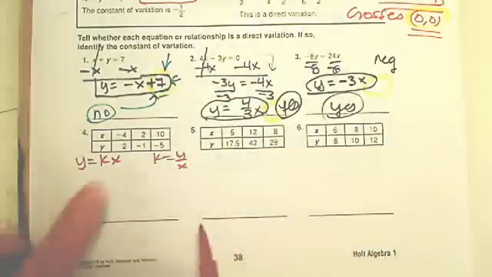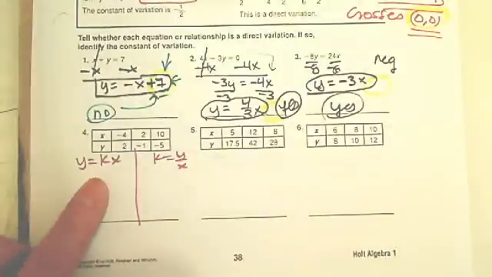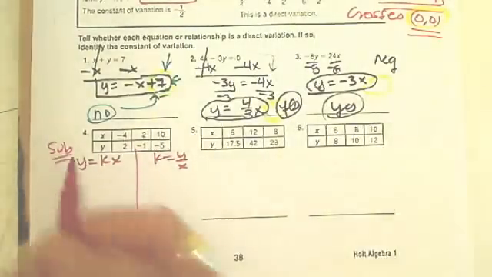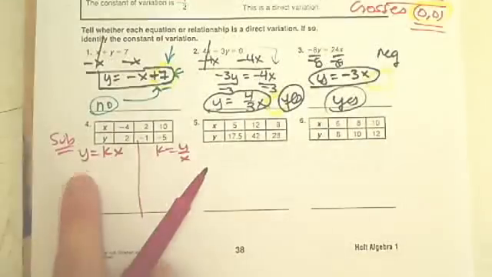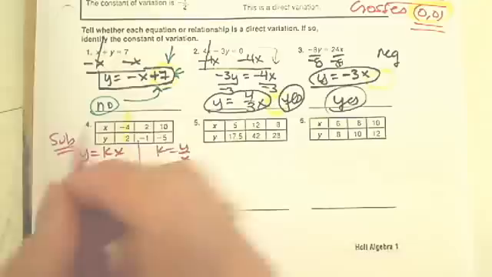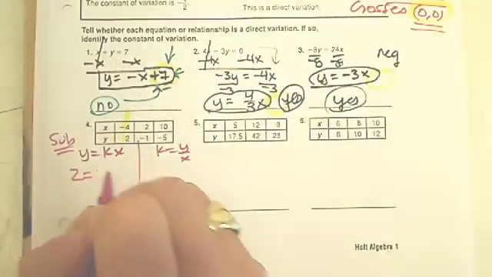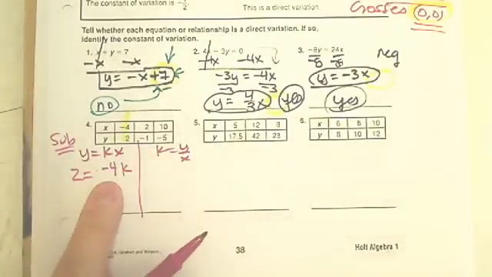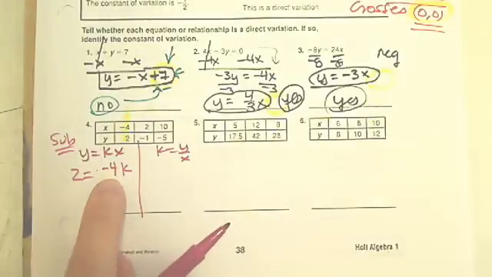Let's look at this one real quick. Substitute in numbers. Pick this point right here. What number do I have? 2. And then leave the k alone, but what number is x? Negative 4. I'm just substituting in. This is not difficult.